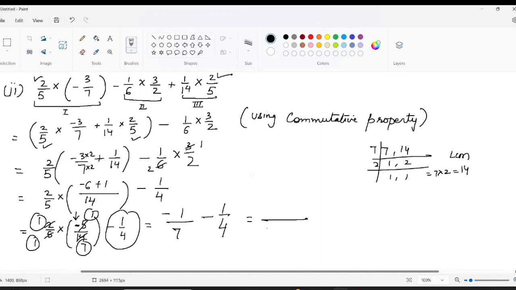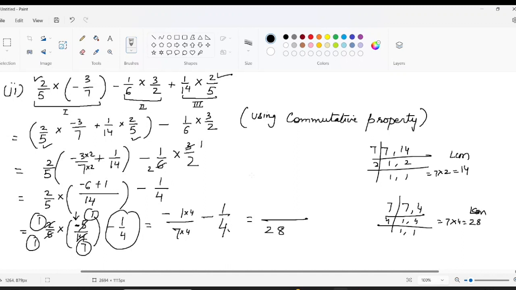Now we will open it. Again, because these two rational numbers have different denominators, we will find the LCM of 7 and 4, which is 28. I'm doing it for you so that it should be clear. So it is 7 into 4, that is 28. This is the LCM. So here we will write 28. 7 we have to make 28, 7 fours are 28. In the numerator also we will multiply by 4.